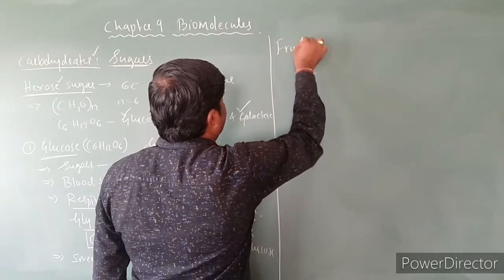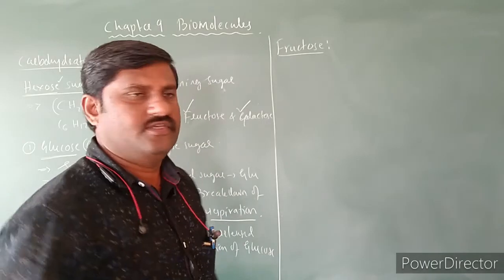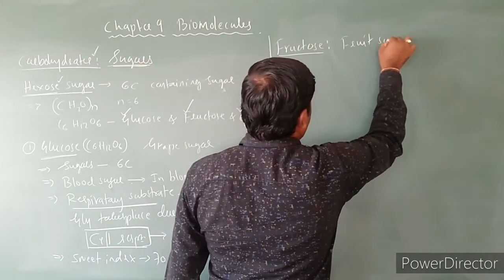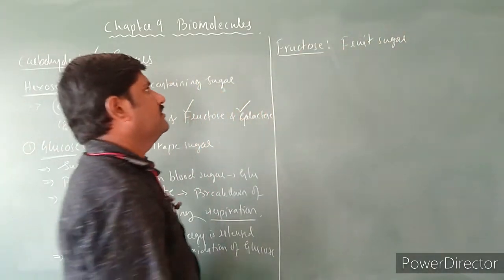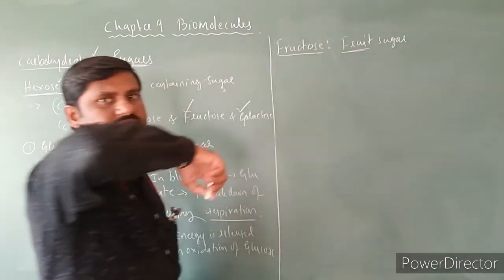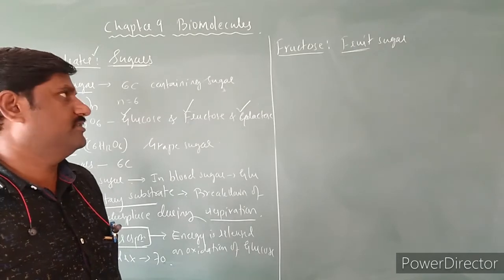The next one is fructose. This is commonly known as fruit sugar, since it is mainly present in fruits.